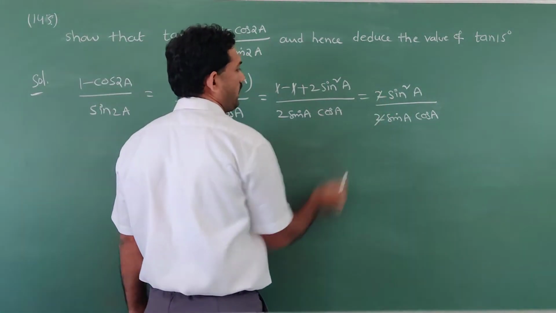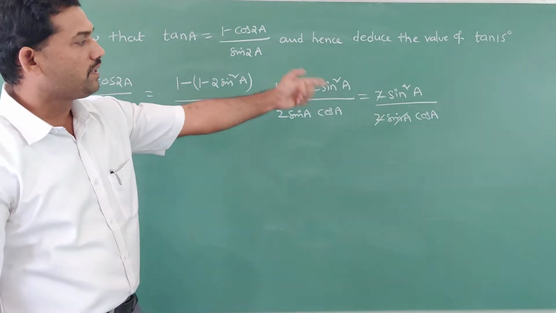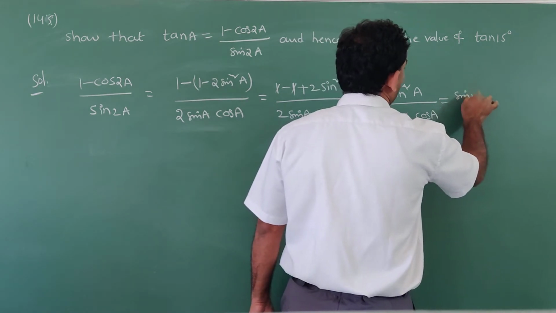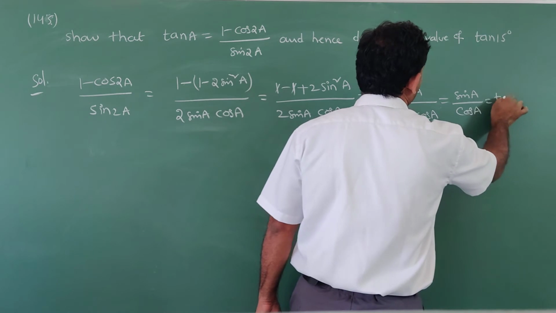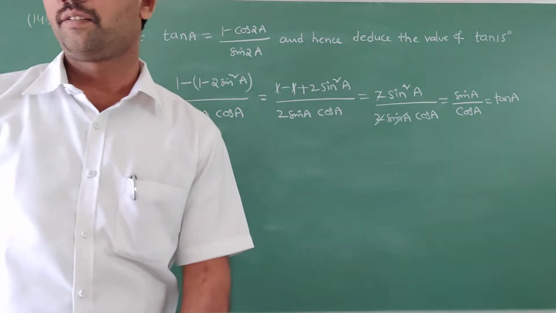So 2 gets cancelled, sin A square also cancels, remaining sin A by cos A. Sin A by cos A is nothing but tan A. That is our solution. Okay, right?